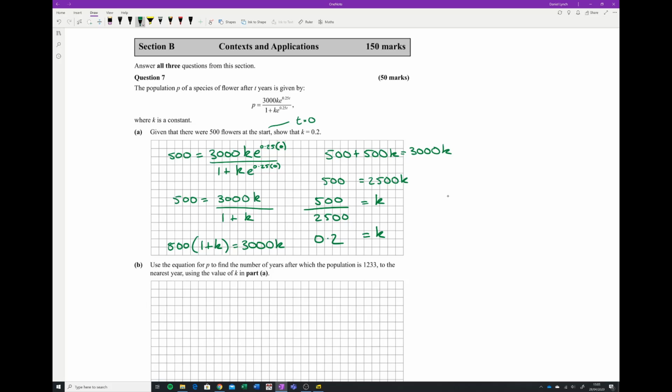So what I would do now is update my function or my formula. It's 3000 times 0.2 times e to the 0.25t, over 1 plus 0.2 times e to the 0.25t. Sorry, I said 0.2 before, but it did say 0.25 up there.